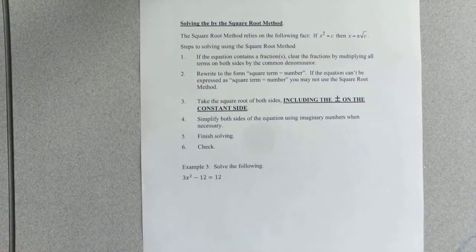Anytime you're solving equations and you take the square root of both sides, you have to include a plus or minus. It's actually if you take the even root of both sides. We're probably not going to run into 4th roots and 6th roots, but in general, when you're solving equations and you have to take the even root of both sides, you include a plus or minus.